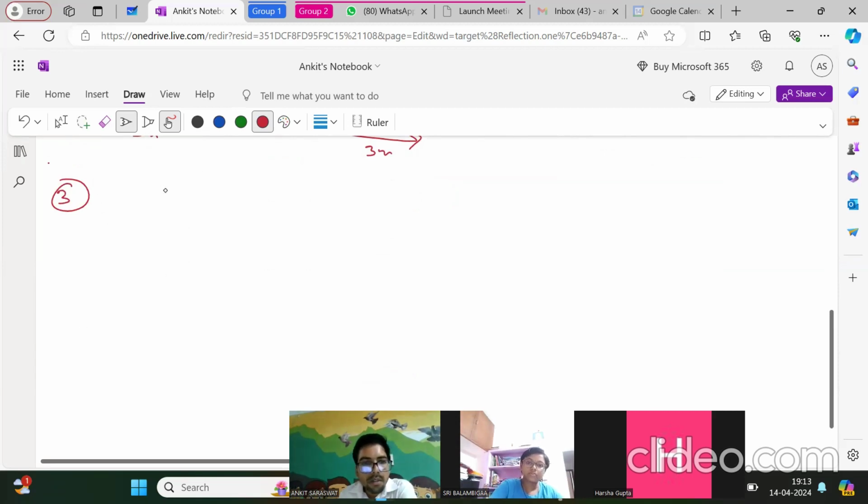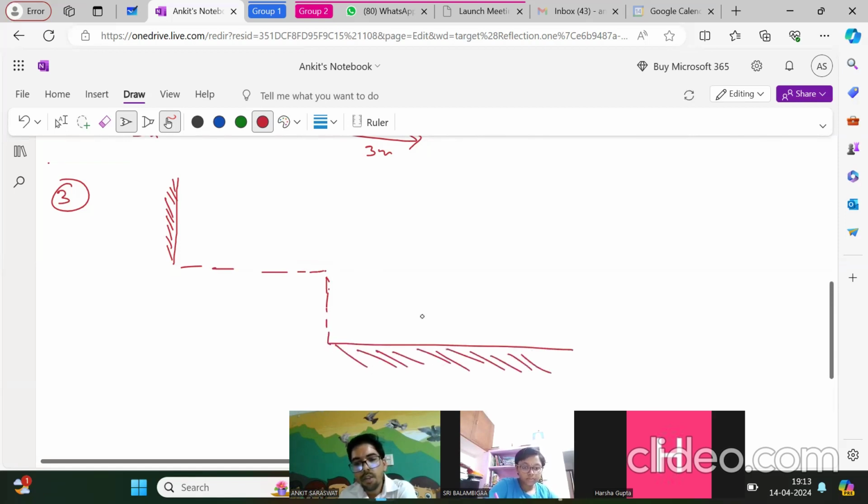If I place one mirror here like this, and one mirror, this is one mirror, an object is here, this is M1, this is M2. Object is here. Now, can you tell me how many images will be formed?